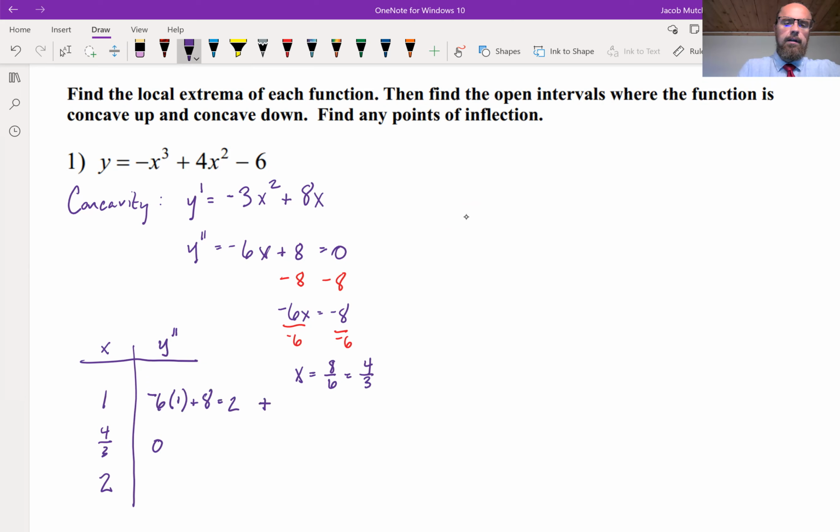So the sign on the left of that point at 4/3 is positive. If I plug in 2, negative 6 times 2 is negative 12 plus 8, that's negative 4. The sign is negative. And so for the function from negative infinity to 4/3, the sign is positive, and the determination we can make is that it is concave up.